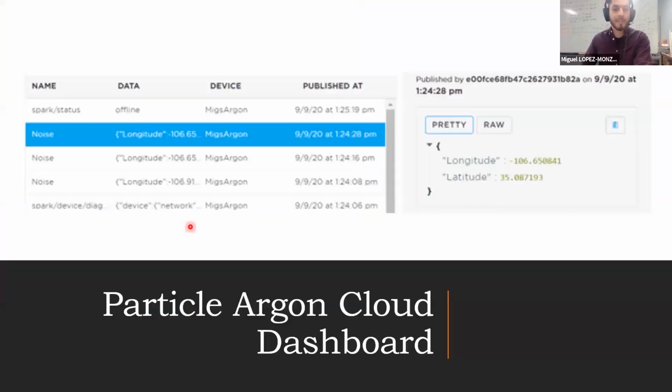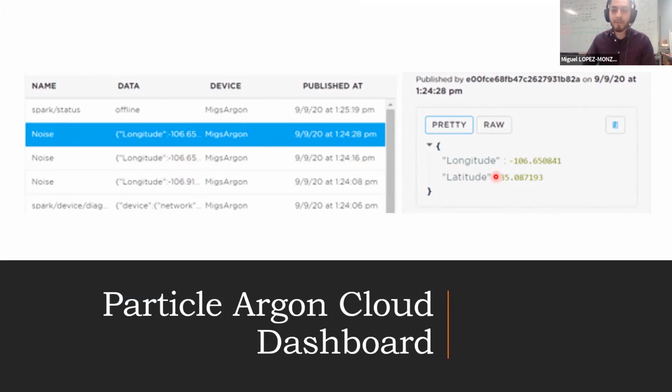Then you'll see that the Particle Argon cloud dashboard logs every instance that happens. Here you have the event I named noise. When clapping happens, it picks it up, along with the time it happened and the date.